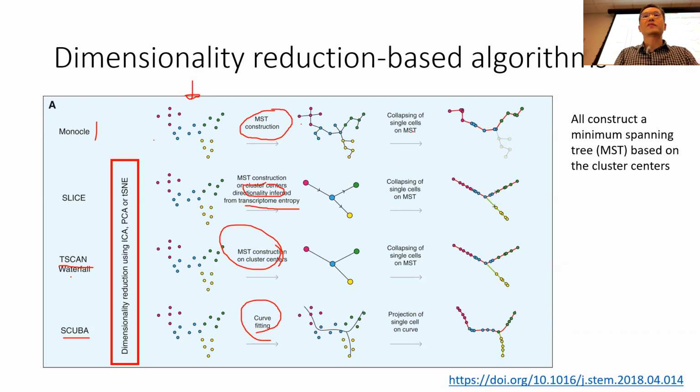And then the next step is collapsing individual cells, because you have the tree or trajectory, but the cells have not been on the trajectory yet. So you do some projection or collapse of those cells, just moving them a little bit to the nearest trajectory points. That's all. Basically, whatever method you use, you are doing the same thing, and there's no biological justification in there.